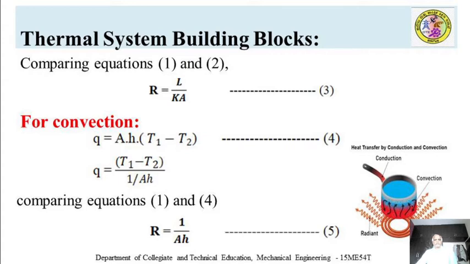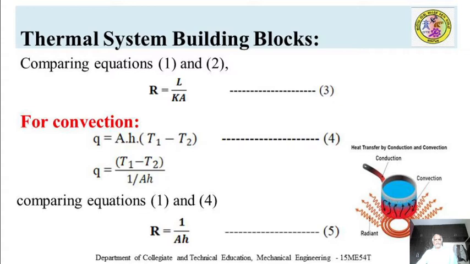For convection, we have Q equals AH into (T1 minus T2). That is, Q is equal to (T1 minus T2) divided by 1 by AH.